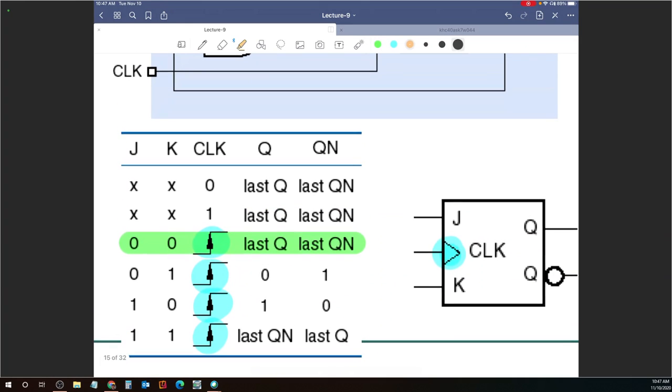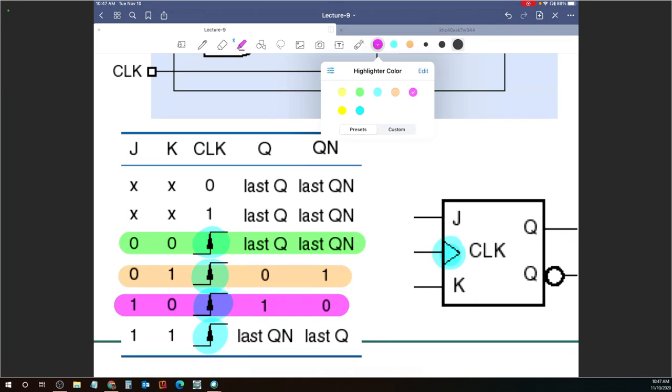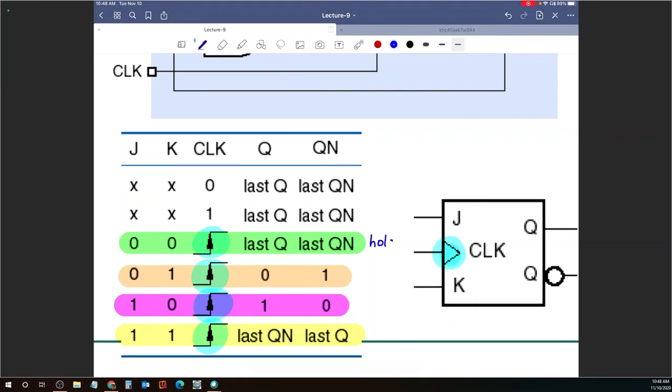Next one is going to be, which state is next? You guys tell me what's next. So reset, hold, and then toggle. K is 1, so that is reset. That's perfect. Or kill.